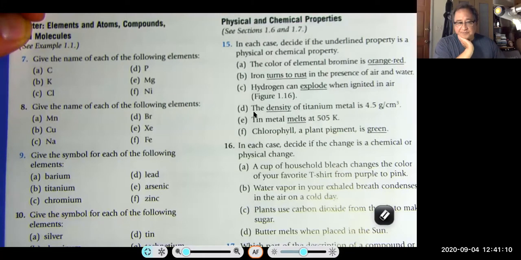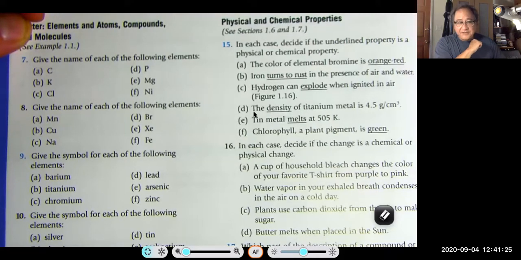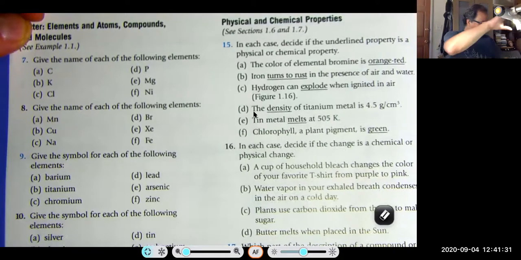Cr. How about lead? Lead is actually Pb, and it's based on the Latin name. Arsenic, As, and zinc, Zn. Okay, so enough of those.